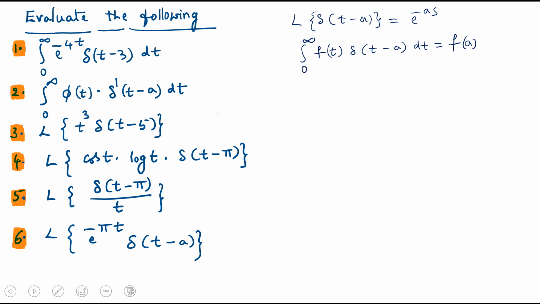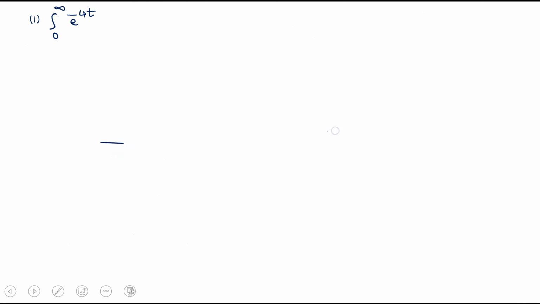First example is integral 0 to infinity e power minus 4t delta of t minus 3 dt.